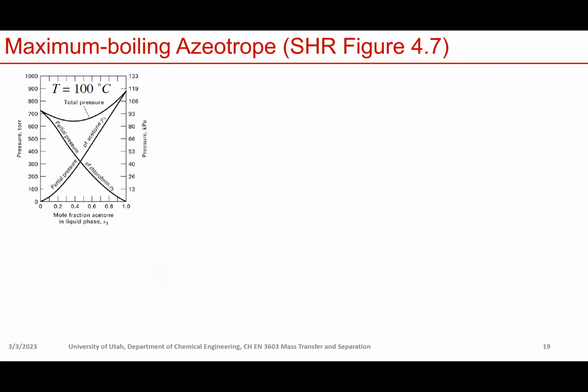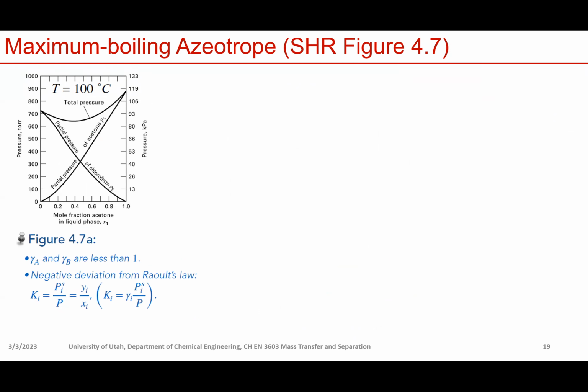And for a maximum boiling azeotropic system, the PX diagram looks like this, right? In this case, the total pressure is concave, that's below the straight line, right? And in this case, similarly, we can use the modified Raoult's law to describe this behavior, where the activity coefficients are less than 1.